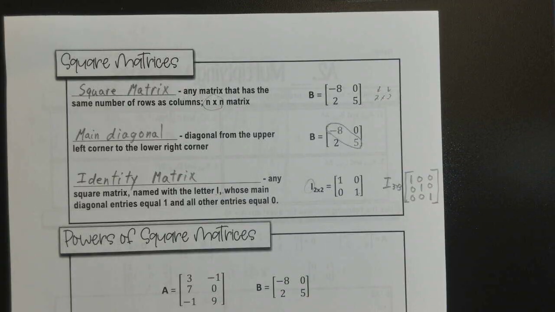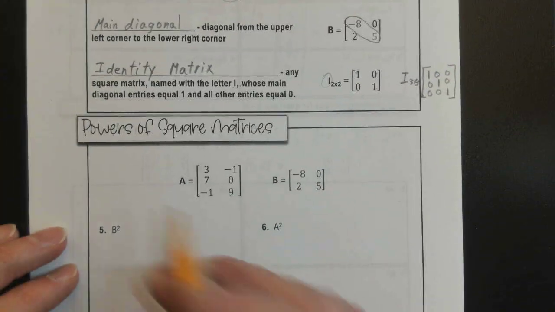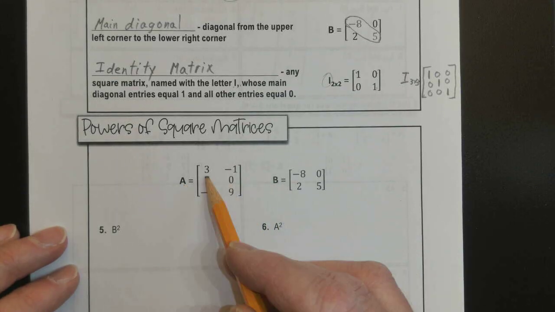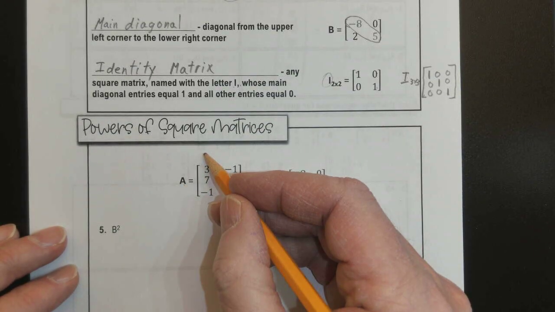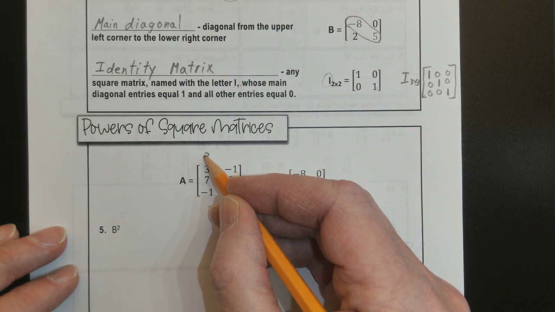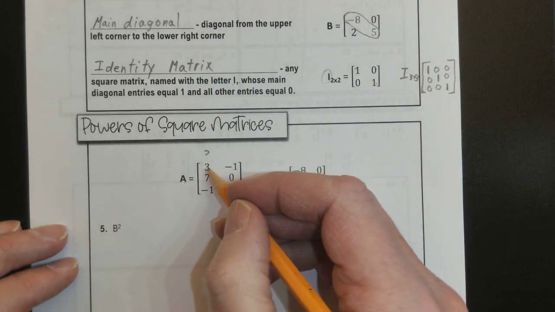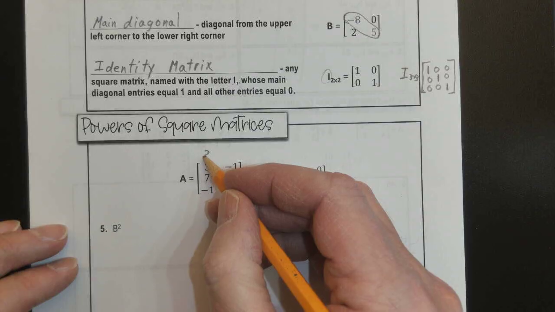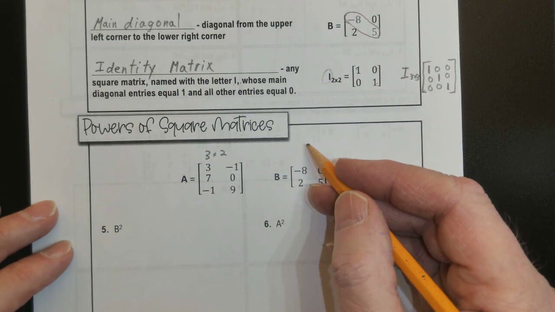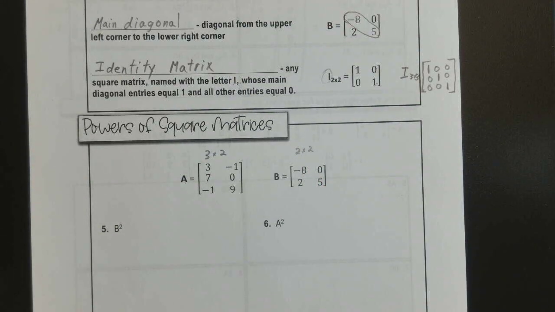Okay. The next thing we have is powers of square matrices. So here was A. This is a what by what? 3 by 2. And what is B? 2 by 2. All right.